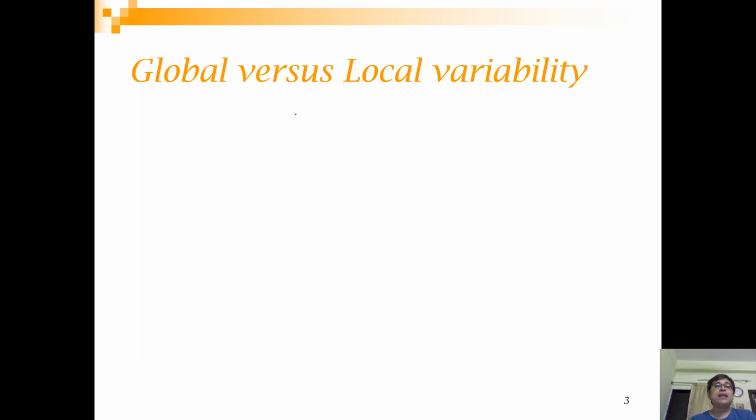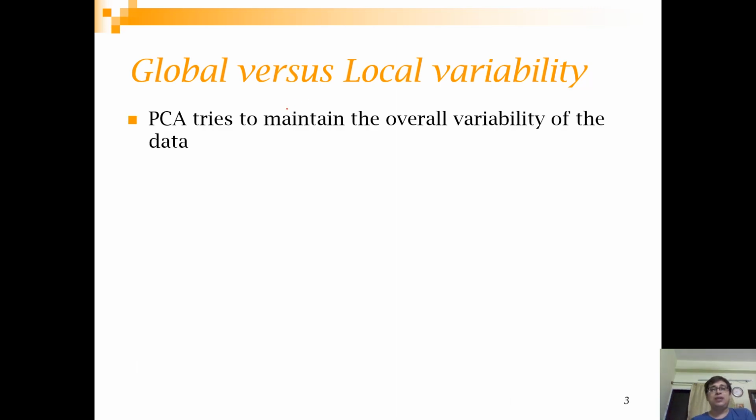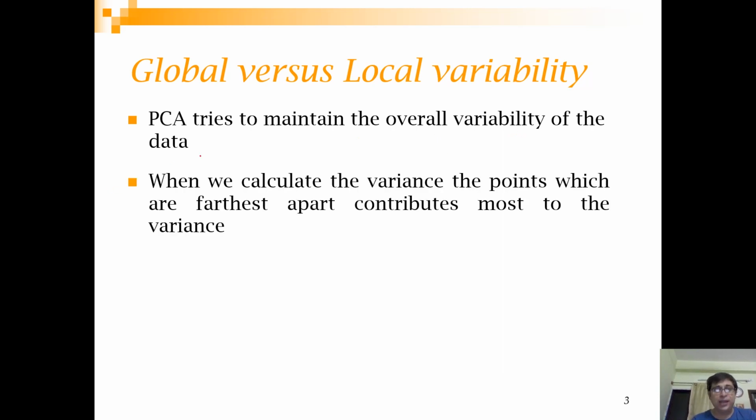Now let's understand this global versus local variability. As I said, tSNE tries to preserve the local neighborhood structure. What did PCA try to do? PCA tried to maintain the overall variability of the data. I'm sure you will agree that the overall variability can be most easily represented by the variance of the data. And variance is nothing but the squared distance from the mean.